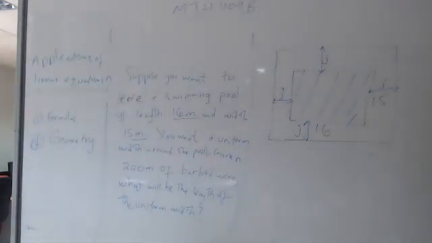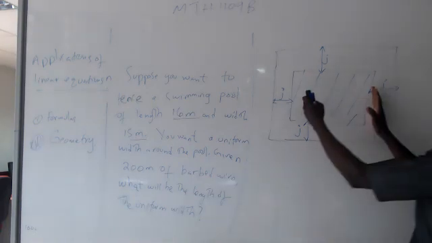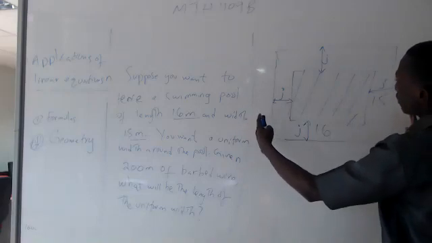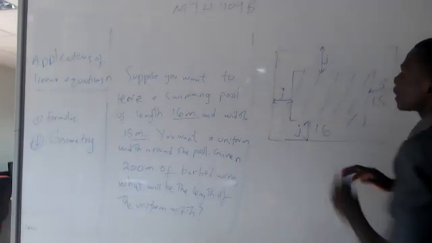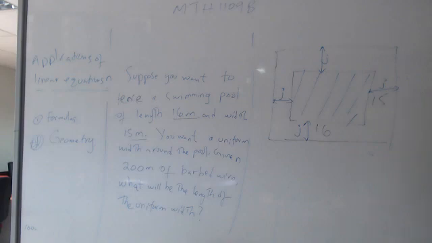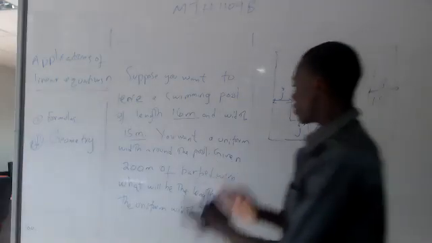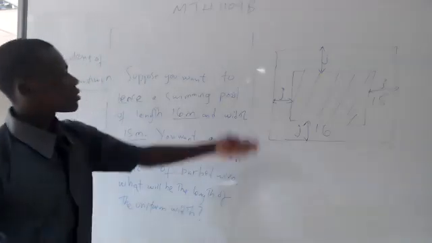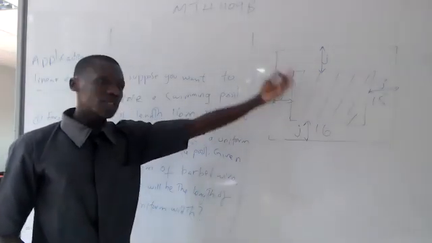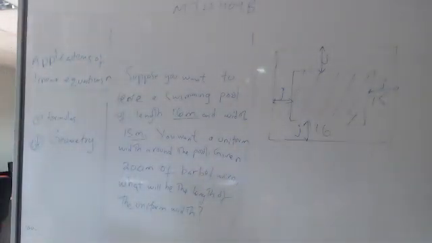Ideas? I've started you off by drawing the pool and making sure there's a uniform width. So now how do we find J? We know it's going to be a linear equation problem because the only unknown here is J, and it is of degree 1.